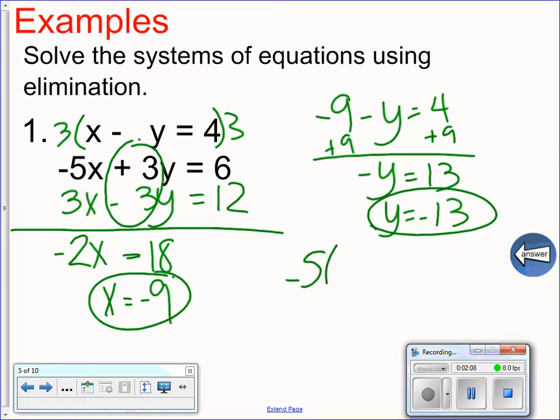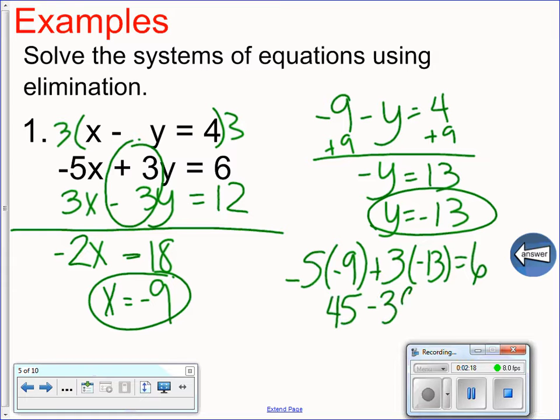Negative 5 times negative 9 plus 3 times negative 13 equals 6. So 45 minus 39 equals 6. 6 equals 6. So my solution is negative 9, negative 13.